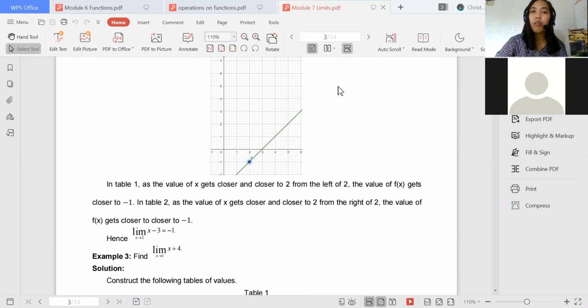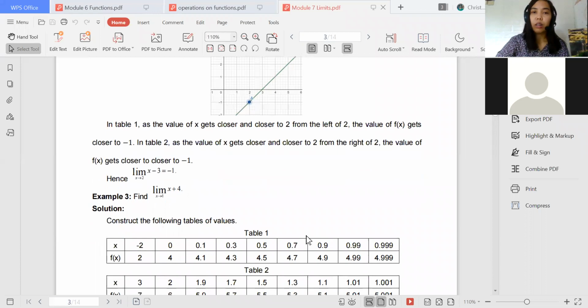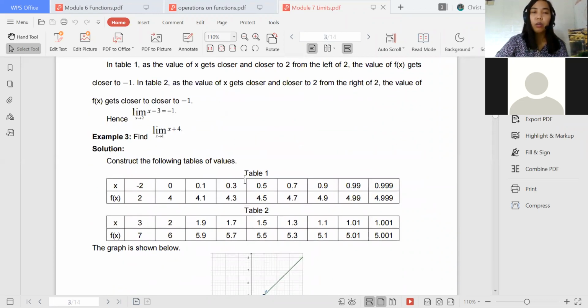In table 2, as the value of x gets closer, papunta naman sa right, papalapit ng papalapit sa 2, ang value ni y ay lumalapit din kay negative 1. Okay, so therefore, the limit of x minus 3 as x approaches 2 is equal to negative 1. So that is the limit.